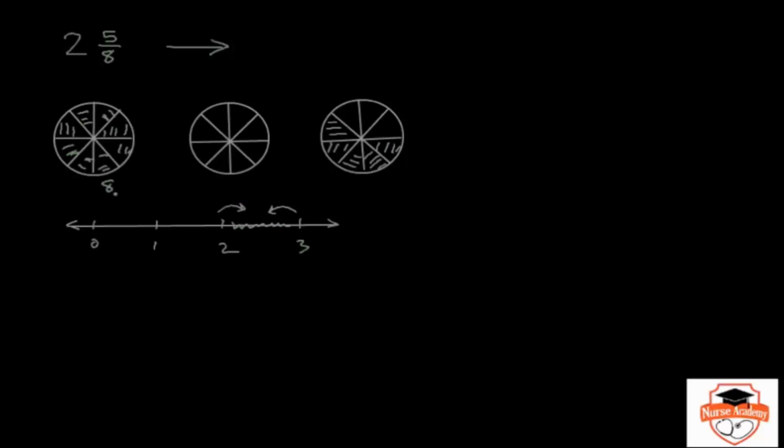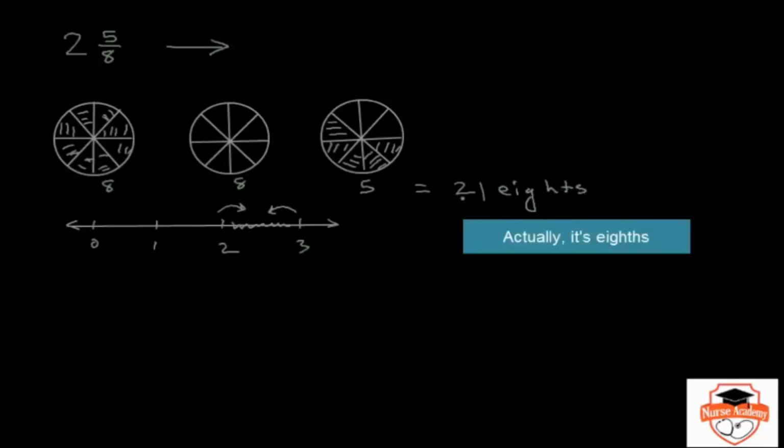So we have 8 pieces from here, another 8 pieces from here, and 5 pieces from here. So in all we have 8 plus 8 plus 5, which is 21 pieces. And each piece is an eighth of the whole. So we could say we have 21 eighths.